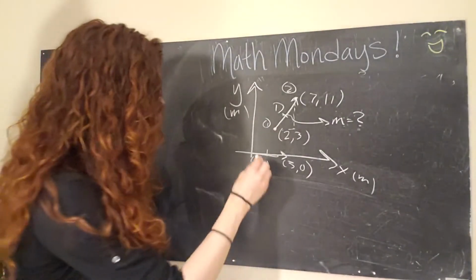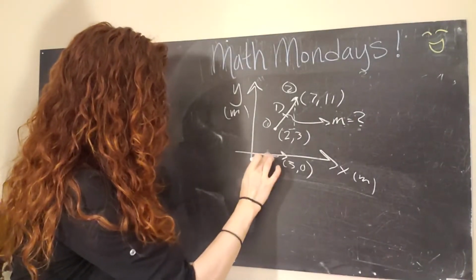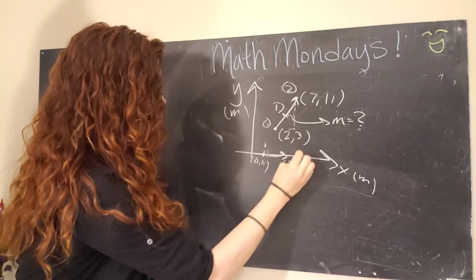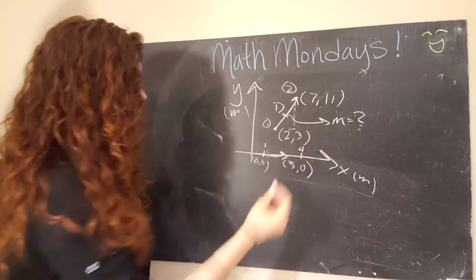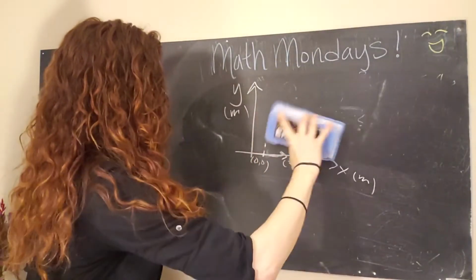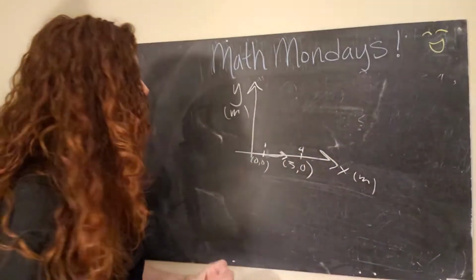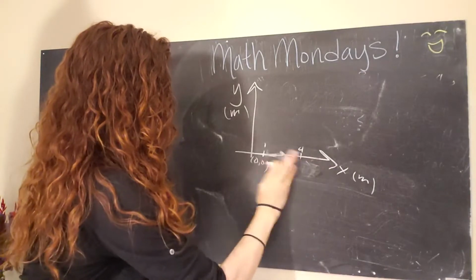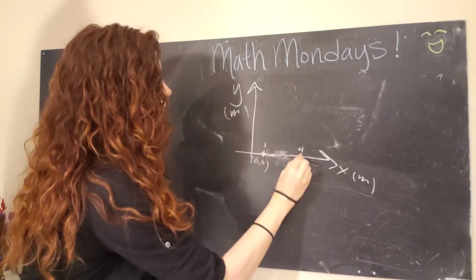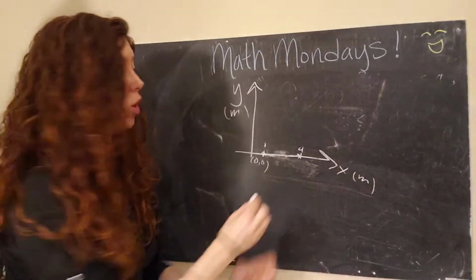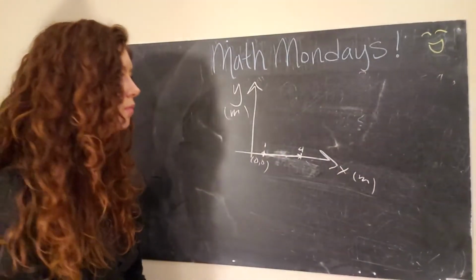Pretty straightforward, right? But what if I said that I started at 1 and I ended at 4? Let's erase this to keep it simple. And I wanted to know, if I started here and ended here, what is the halfway point on the coordinate system?